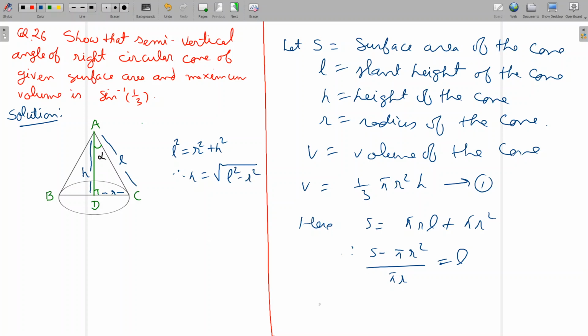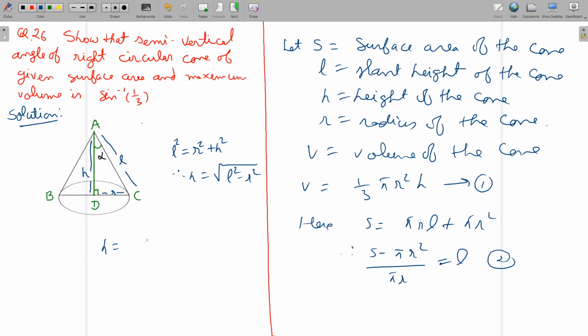So let this be 2. Now taking the help of 2, we will get the value of H in terms of R, because in the first one we have two variables R and H, and for differentiation only one variable is required. So we'll rewrite this question number 1 in terms of R with the help of 2 and this H. So H equal to, in place of L we'll put 2.